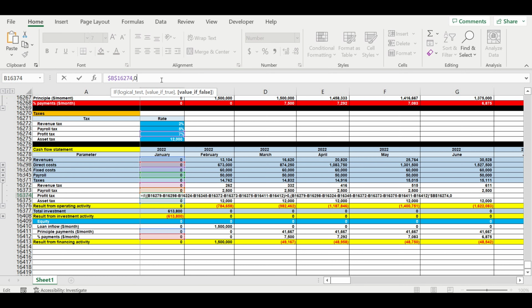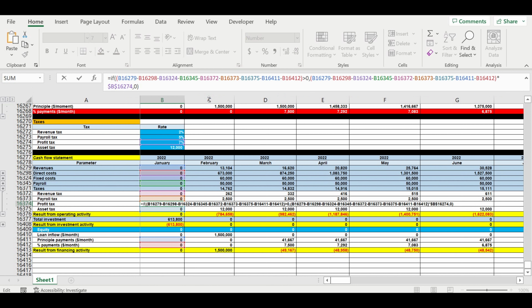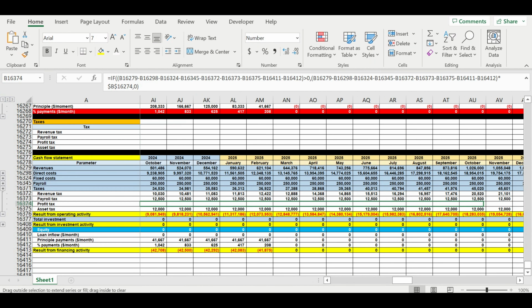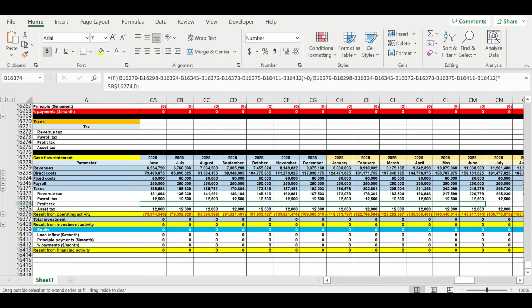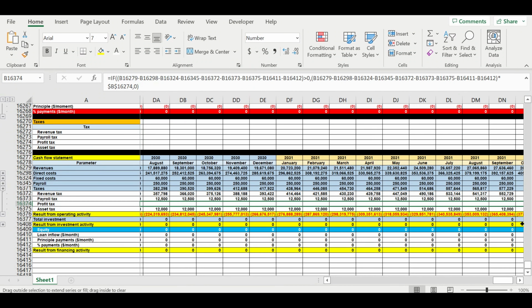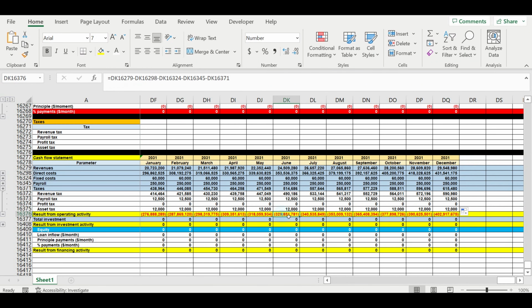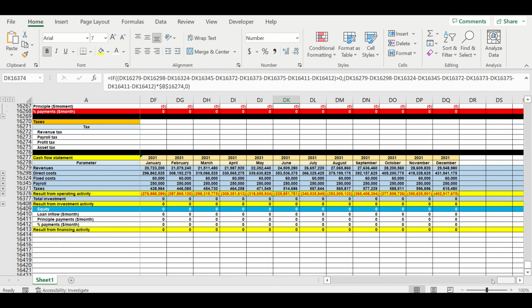Otherwise we pay nothing, so it's 0. Then we extrapolate this formula to the right. At this moment we can see that we have operating losses, so we will be adjusting the data. That's why the payment for the tax is 0. Then we can hide this group.